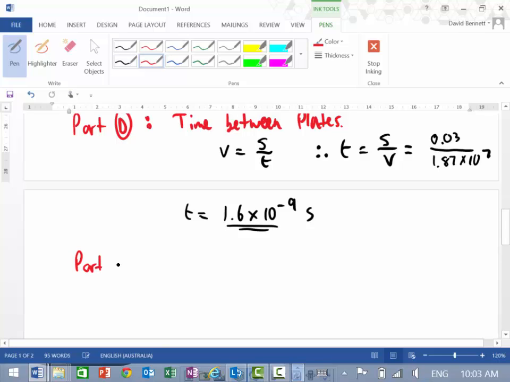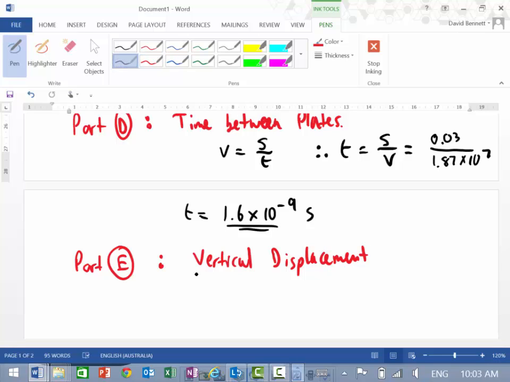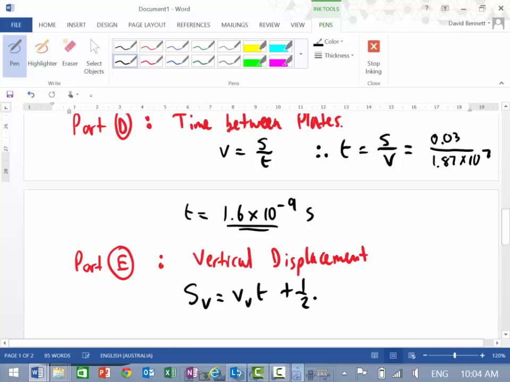Alright, so part E, and I'll save this document up on Daymap for you as well. So this is actually working out the vertical displacement. The formula we're going to use for this is sV equals vVt plus a half aVt squared.